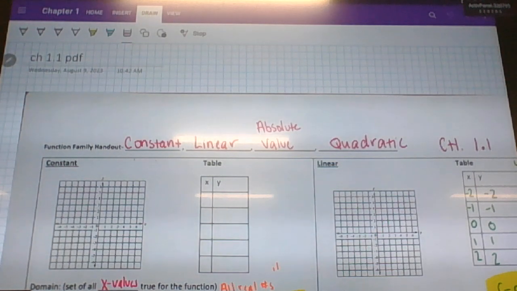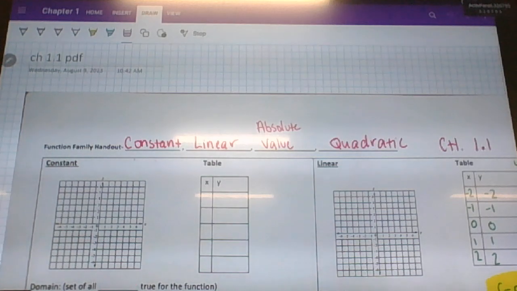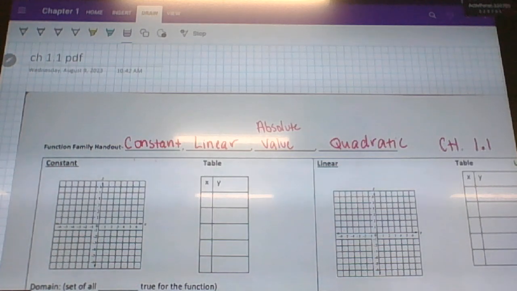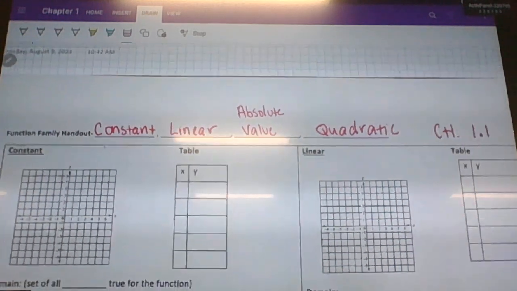Alright, so right at the top it says function family handout. There's 4 function families I'm going to give to you right here in this handout.